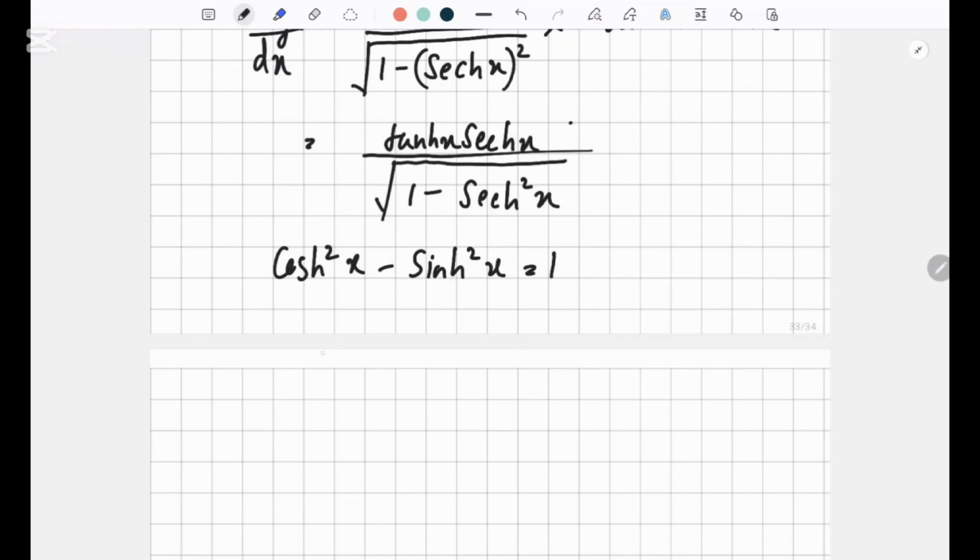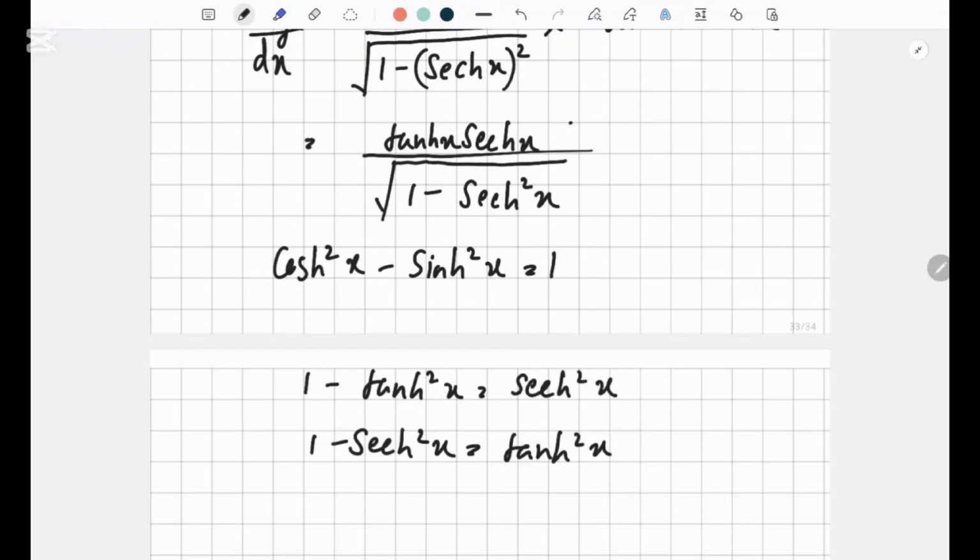So you divide every term by cosh squared x, you get 1 minus tanh squared x equals sech squared x. So you can see 1 minus sech squared x equals tanh squared x, right? So instead of writing this, you can write tanh squared x.